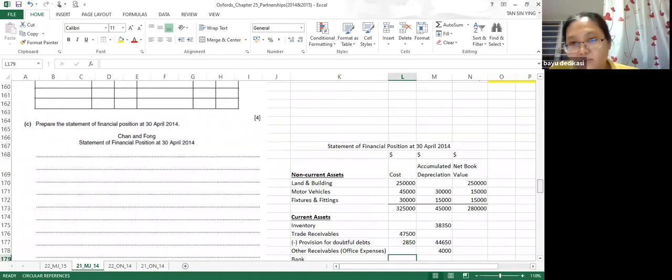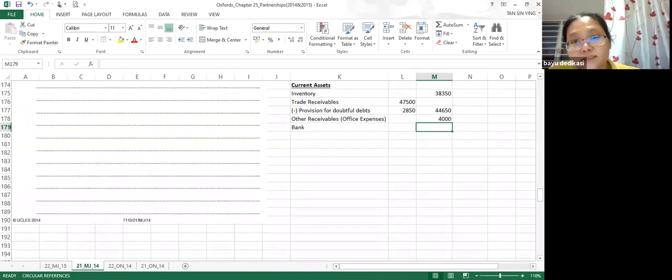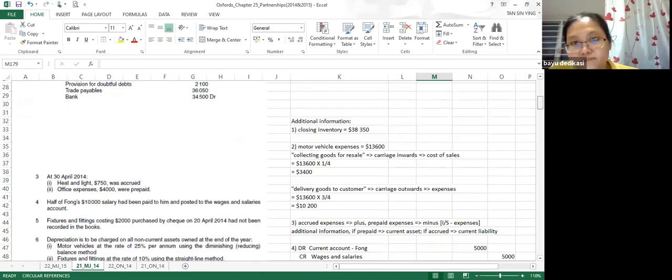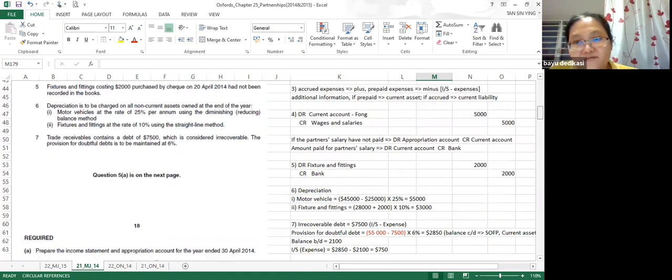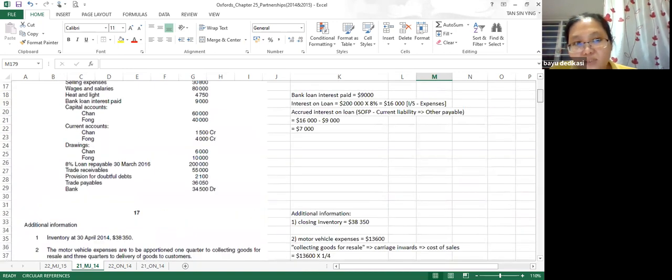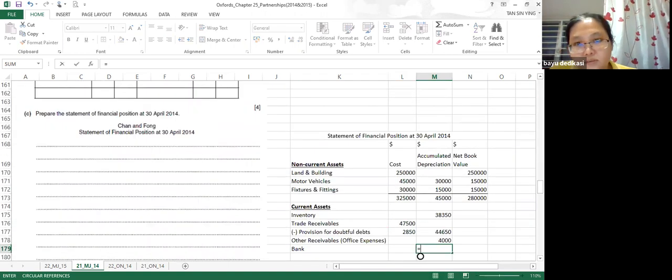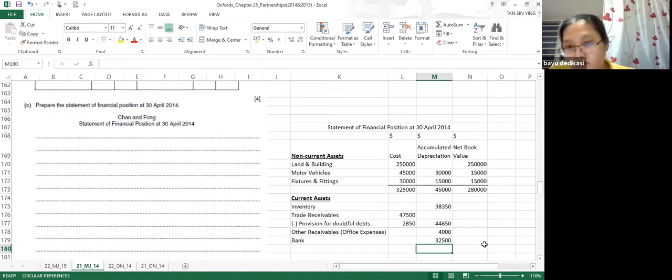Put into the second column also. Your bank got adjustment in your number 5 information. You have to minus 2,000.